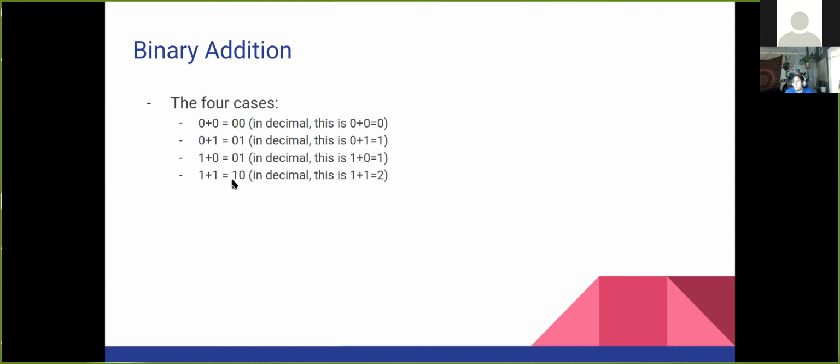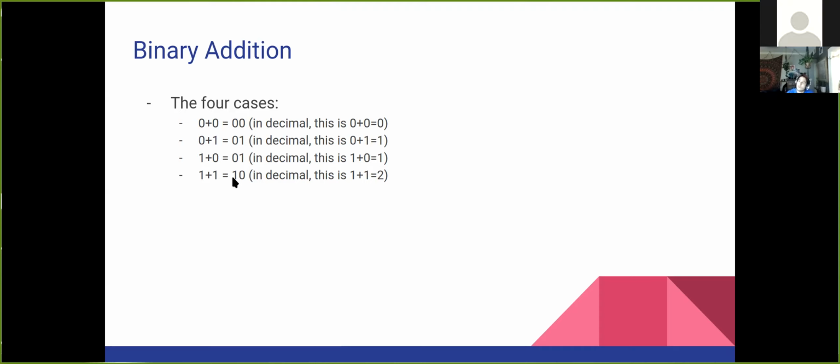But the same way we do it in base 10 arithmetic, where we carry over the digit that overflows onto the left, that same thing is done here.